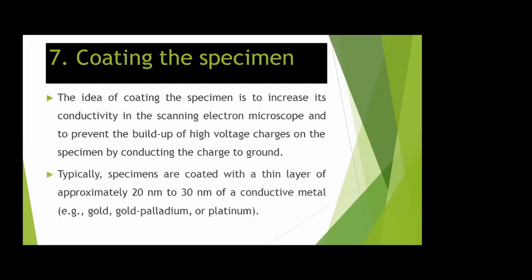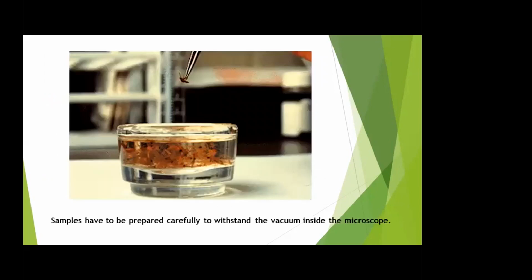So typically these specimens are coated with a thin layer, usually about 20 to 30 nanometers, of a conductive material. Most commonly gold nanoparticles are used, or gold palladium or platinum also can be used for coating the specimen.